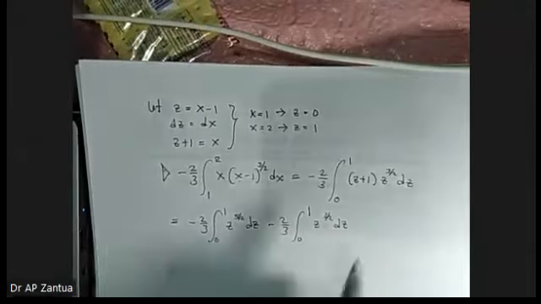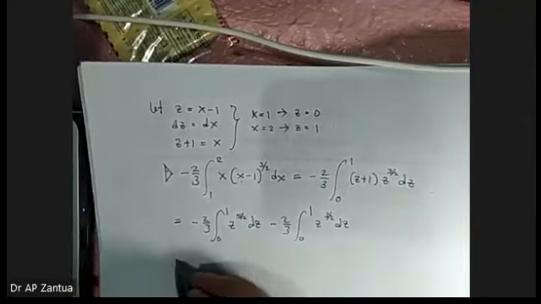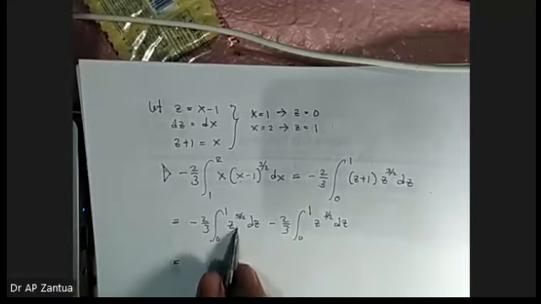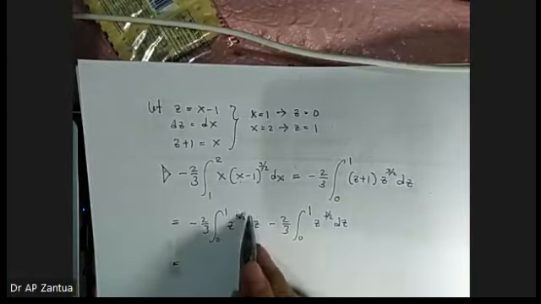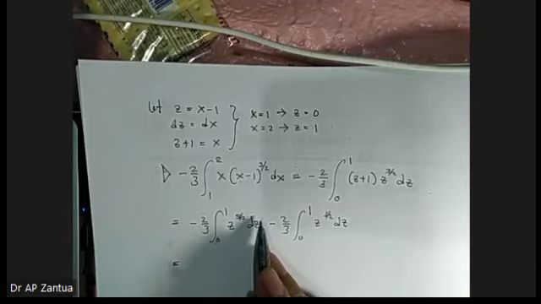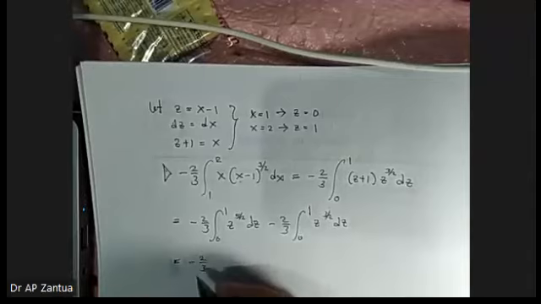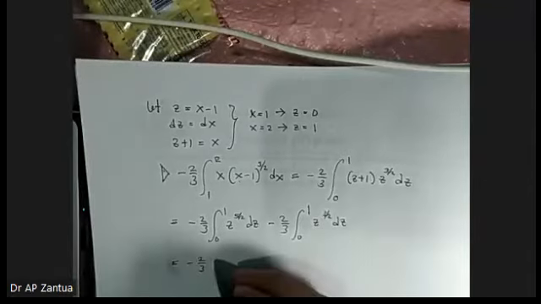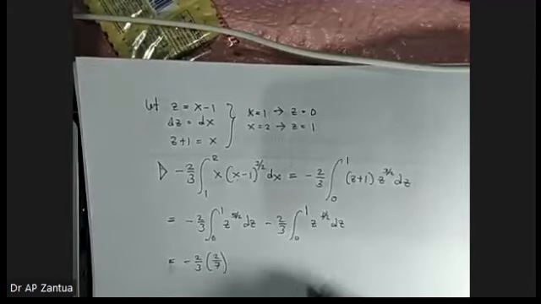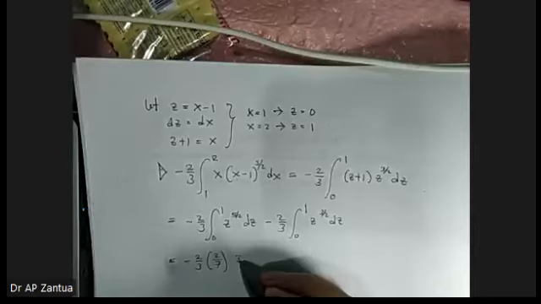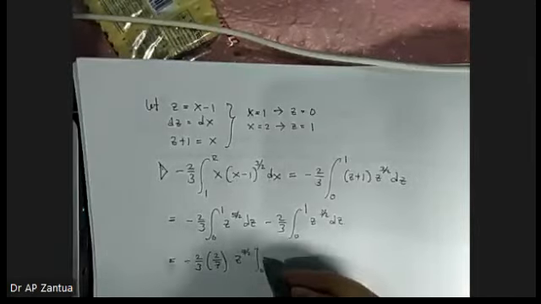There are 2 terms, so we can now integrate this. 5/2 plus 1 is 7/2. So 2/3 over 7/2, that is 2/7, z to the 7/2 from 0 to 1.